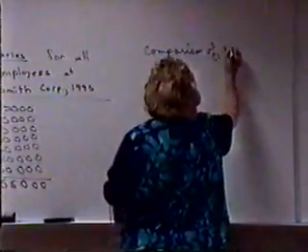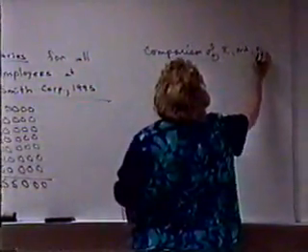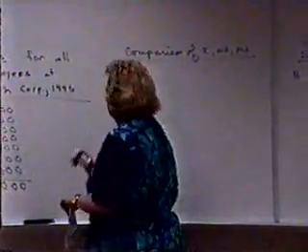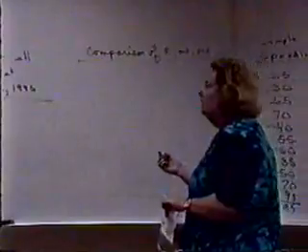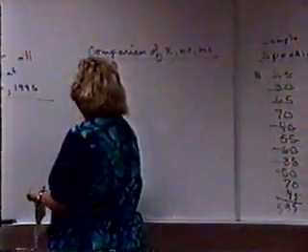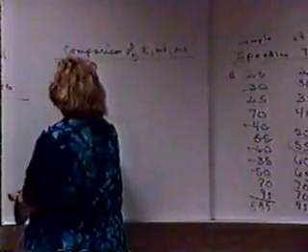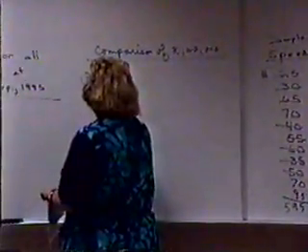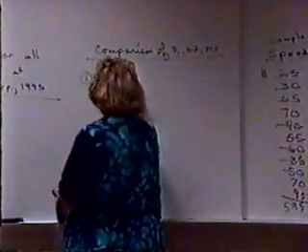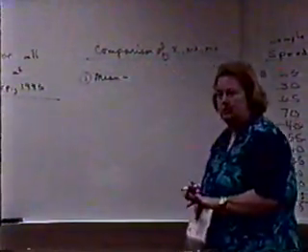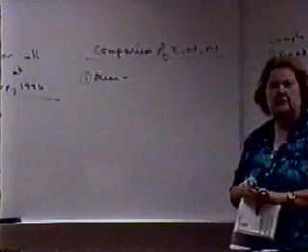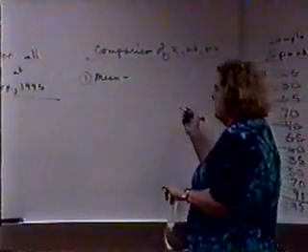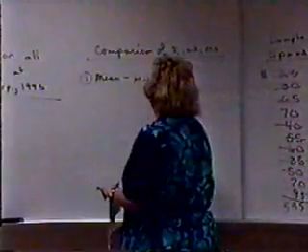Comparison of the mean, median, and mode. First of all, the average or the mean. The mean is easily understood because most people have dealt with this and called it the average.